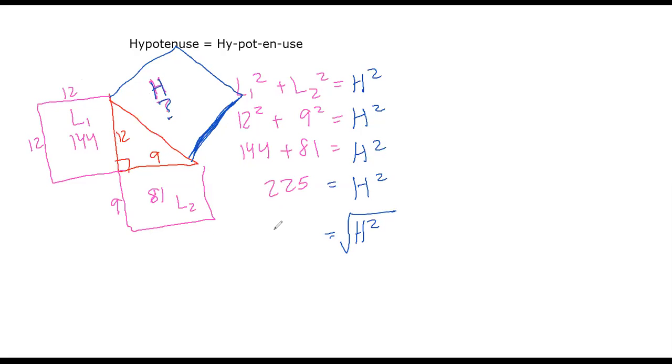So we take the square root of the hypotenuse squared, and we take the square root of 225 to figure out what each of these sides is equal to. And the square root of 225 is equal to 15.